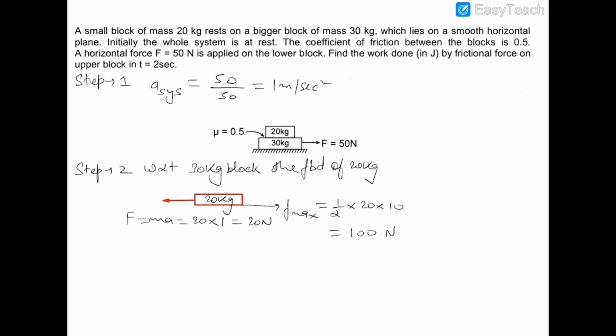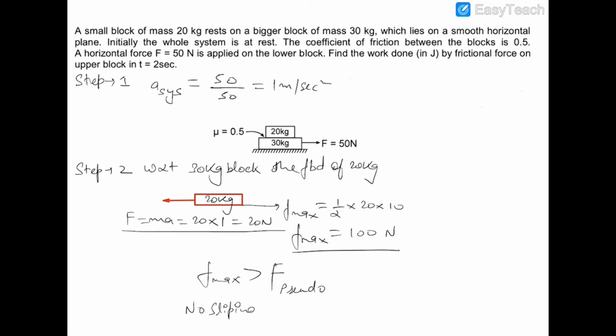So you can see that this maximum friction is sufficient to balance the pseudo force, and F max is greater than the pseudo force, which means that no slipping will occur, and the friction which will actually act will be equal to the pseudo force, because that much friction is only required.